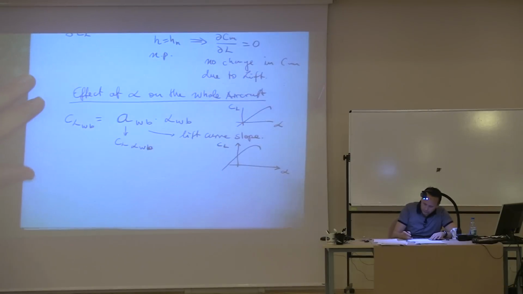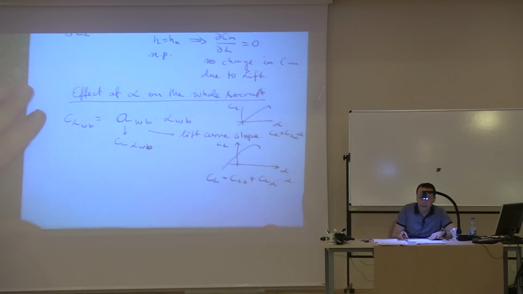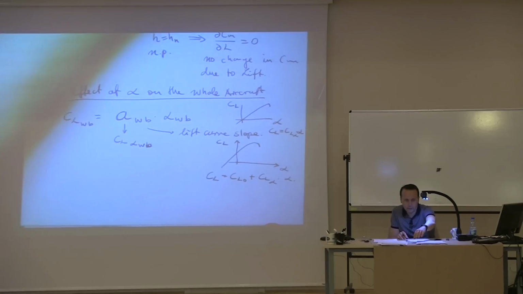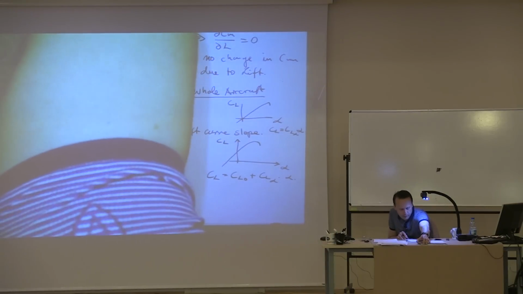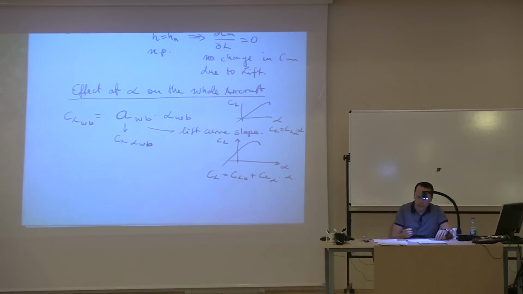So then CL, for this thing, CL is equal to CL alpha times alpha. But here, this is CL0 plus CL alpha times alpha, right? That was the question of some people.